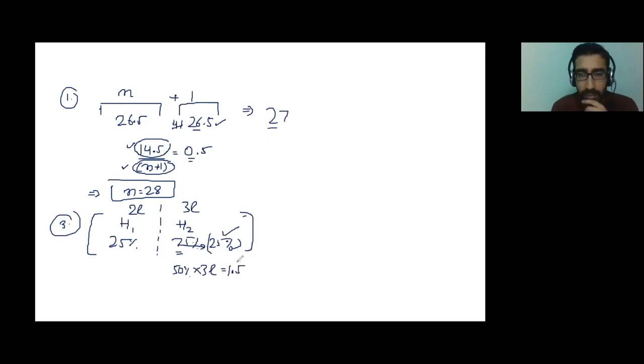So the problem here is we are sort of calculating the average amount of honey per solution, which is also actually not wrong. We'll get the same answer. I'm sure we'll get the same answer. So what I've done here.